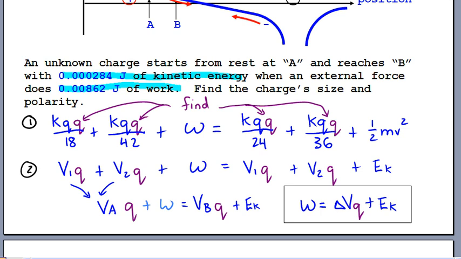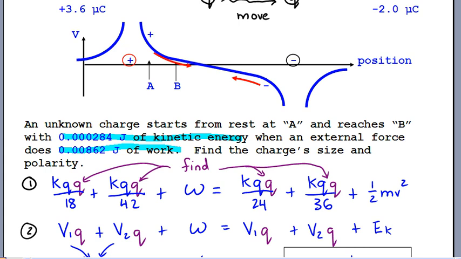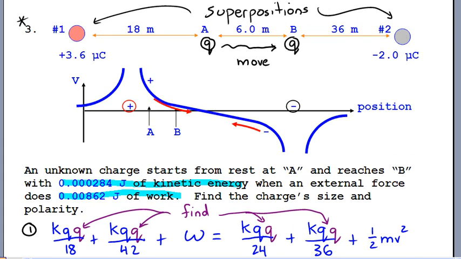So what would I have to do? Well, to find that delta V, I would first have to find the total voltage at location A. We'd call that VA.